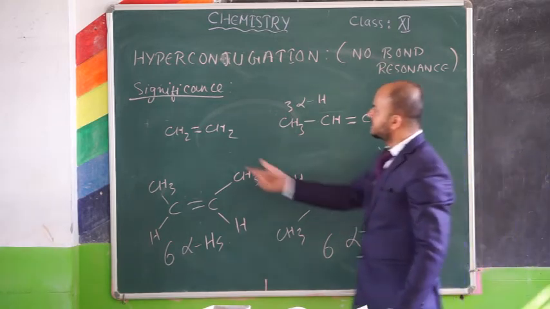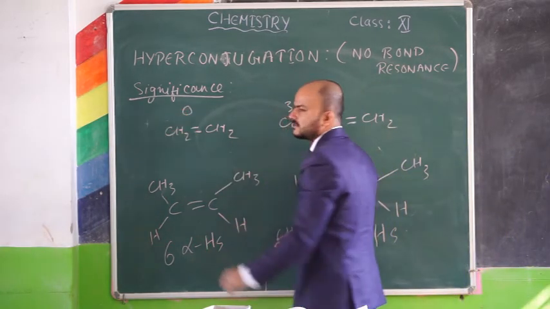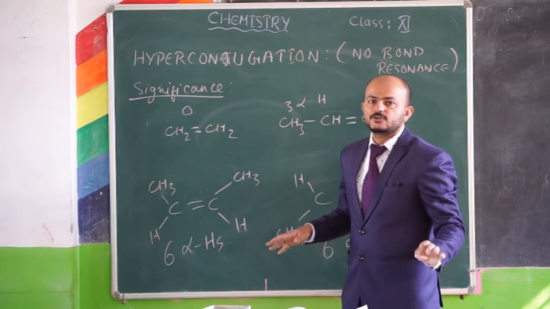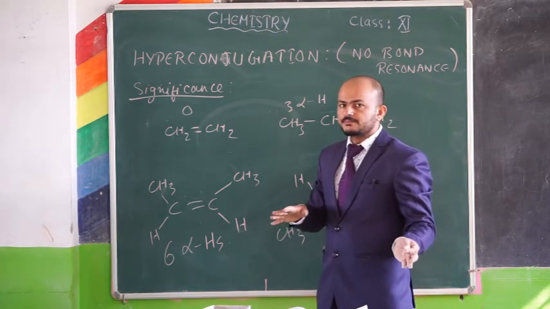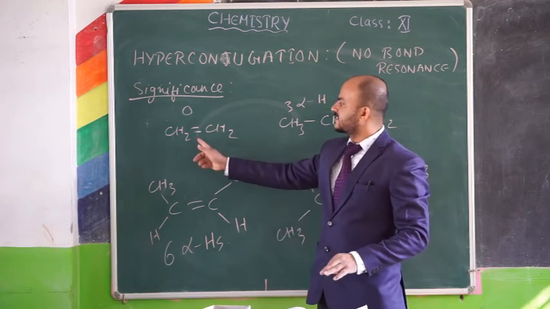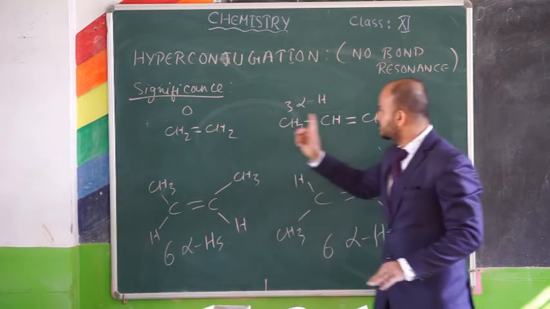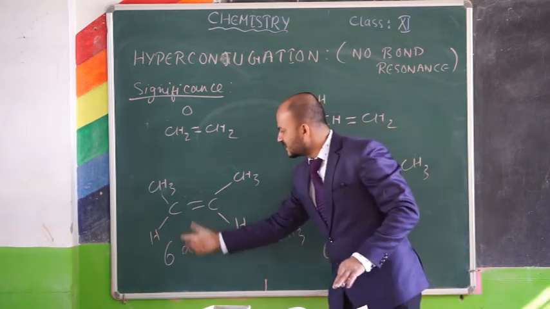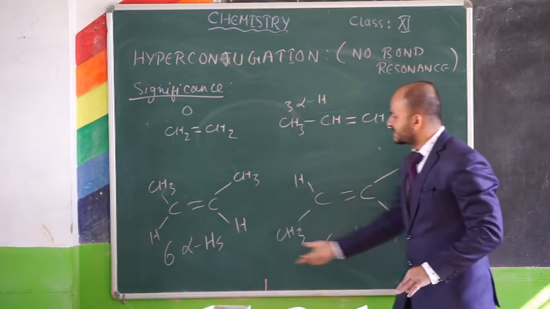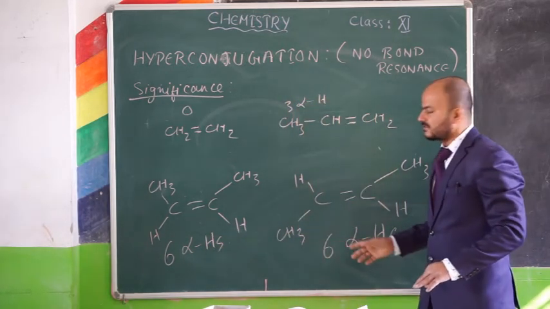Now obviously this has 0 alpha hydrogens, therefore there is no question of hyperconjugated structure. So from the hyperconjugation perspective, this is the least stable. After that comes this, because it has only 3 alpha hydrogens. But this compound and this compound have 6 alpha hydrogens each.